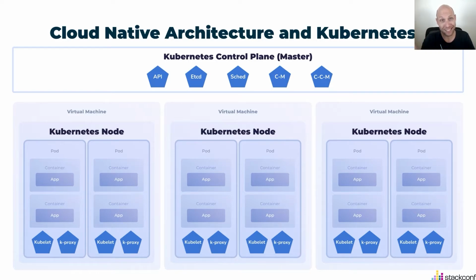Each and every one of these control plane services by Kubernetes, I need to make sure that they're up and running and performing and responding and so on. So microservices and cloud native architectures.